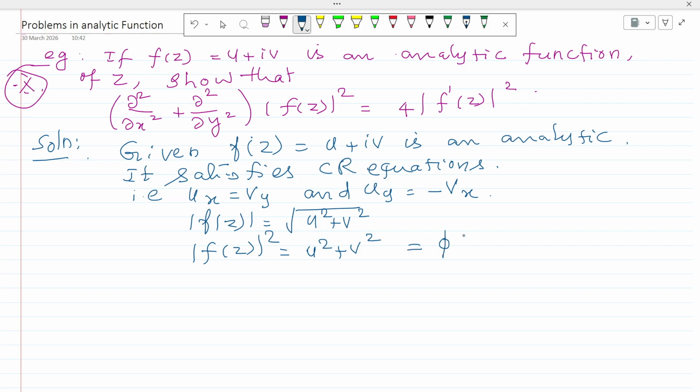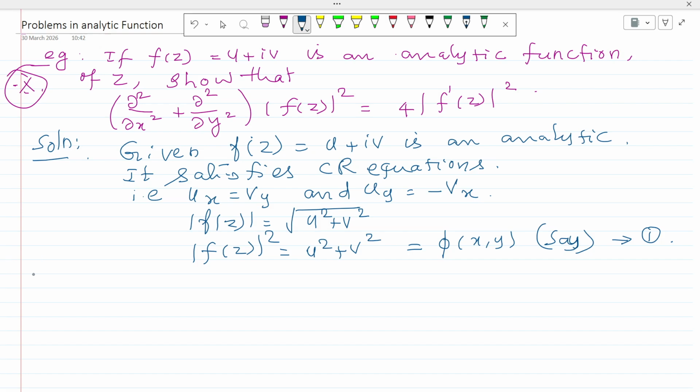We are defining one function phi of x comma y, that phi of x comma y is mod f of z whole square, that is u square plus v square. Take this as equation number 1.